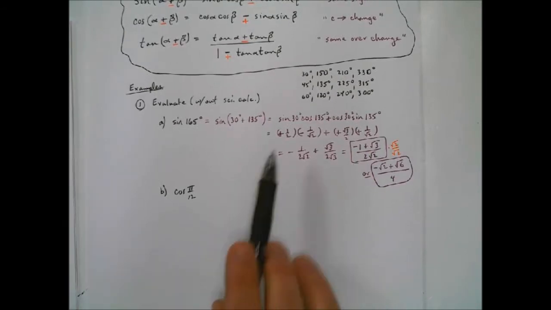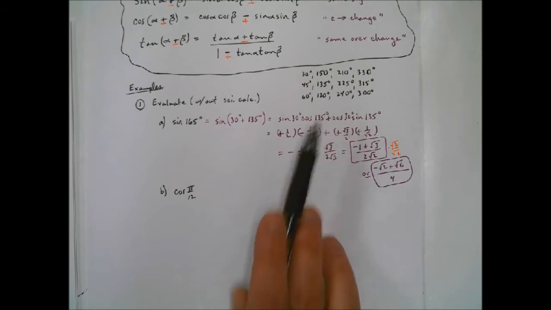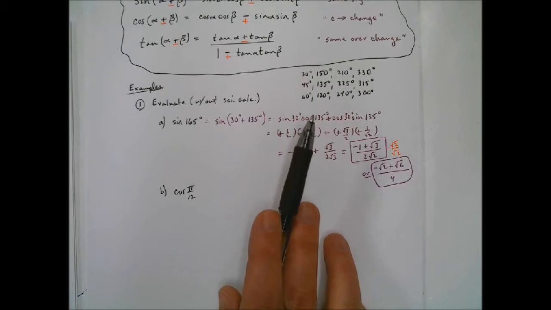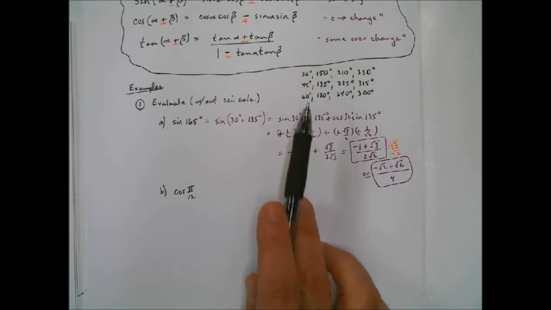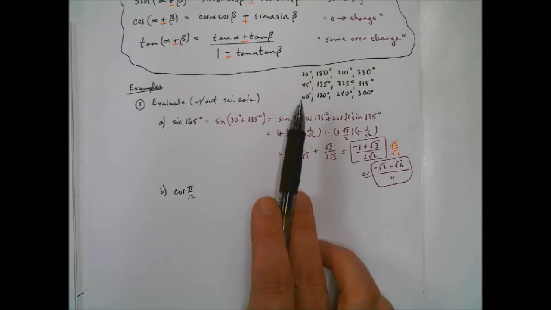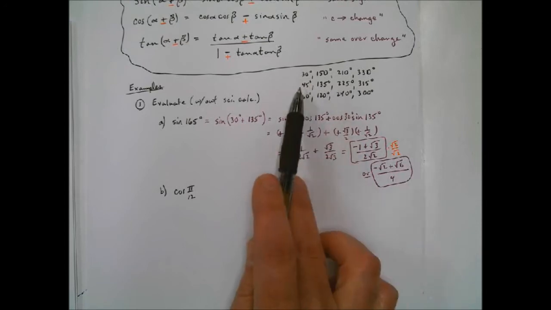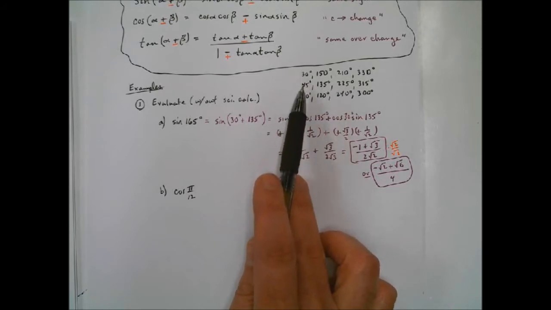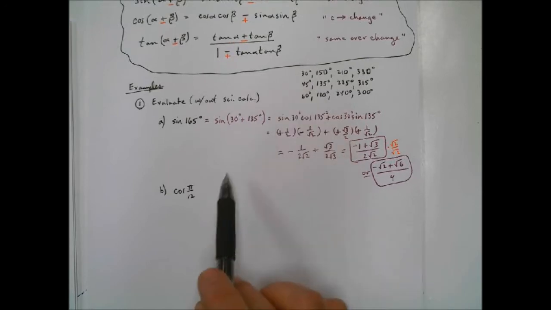Pi/12, that's a pretty small angle. We're probably not going to get a couple of angles that we can do a sum of. But if we think about it, if we do subtraction, for example, pi/4 and pi/6, if we did pi/4 minus pi/6, so 3pi/12 minus 2pi/12 would be 1pi/12.